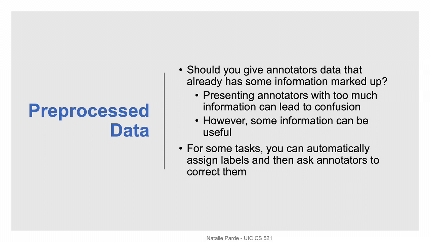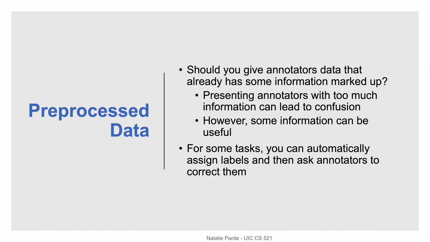Beyond providing supporting information, for some tasks it may make sense to automatically assign labels for your task directly and then ask annotators to correct them. This works best if you have access to a system that is fairly close to your end goals. You, of course, are unlikely to have one that conforms exactly to your end goals, because if you did, you wouldn't need to build a data set.